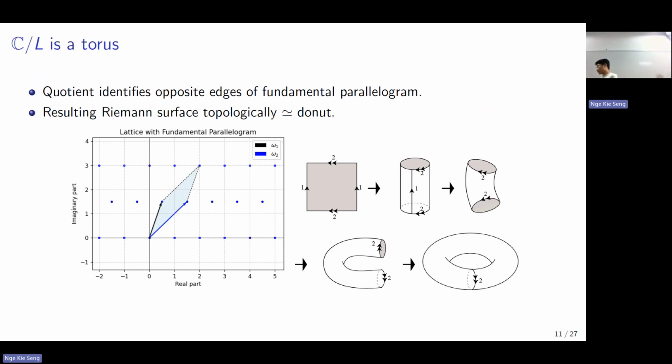A torus is a space that is topologically equivalent to, let's say, a donut. A way to see this clearly is to imagine this parallelogram. When I move to the left, it comes from the right. When I move up, it comes from down. You can imagine you fold it, connect the sides, and then you fold it again. It will form a torus. So this parallelogram, in this structure, is actually equivalent to a torus. How it is equivalent, we will show later. That is part of our talk.